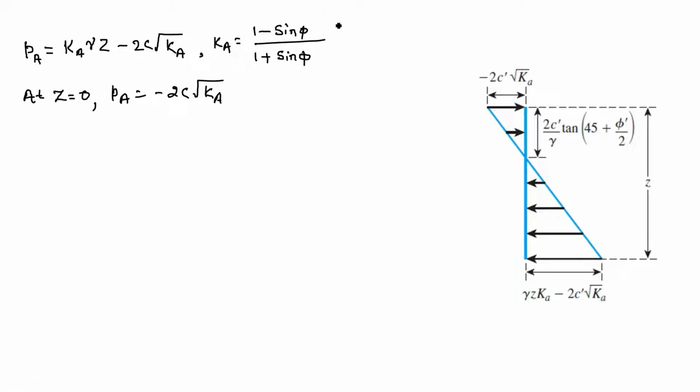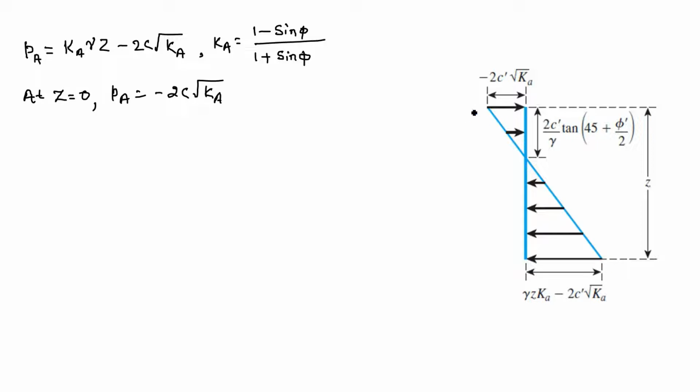You can see at the top the pressure is negative, minus 2c root over Ka, and somewhere at depth z the value will be gamma z Ka minus 2c root over Ka.